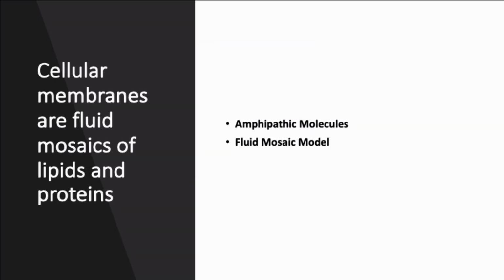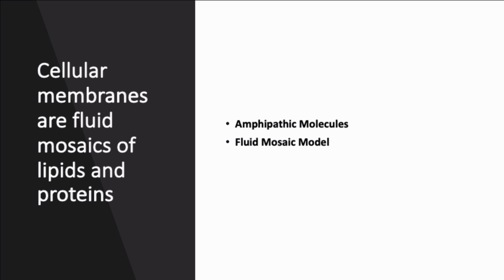The cellular membranes, they call this a fluid mosaic of lipids and proteins. So what does that mean? First of all, these phospholipids are the most abundant lipid in the plasma membrane. Phospholipids are said to be amphipathic molecules, meaning that they have both a hydrophobic as well as a hydrophilic region.